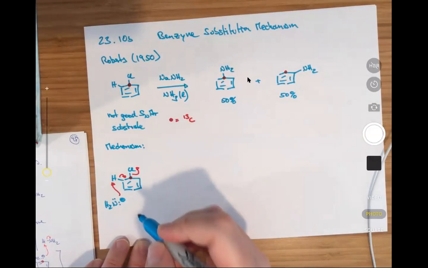That then gives you something you probably haven't seen before, and it takes a little getting used to accepting this. The way we usually draw it is with a triple bond here, so a double bond here and over here a triple bond-like system.